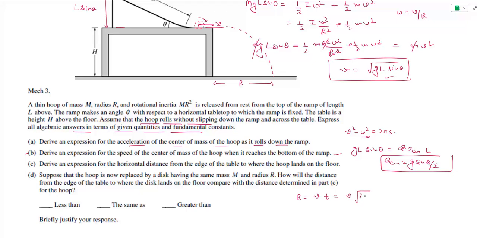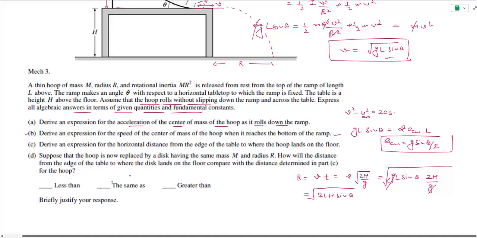What is the time of flight? That is root of 2h by g. And v we know here, so that is root of gL sin theta into root of 2h by g. This g and g get cancelled, so the distance through which it will fall will be equal to root of 2Lh sin theta. Right?